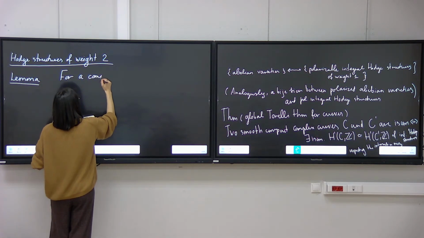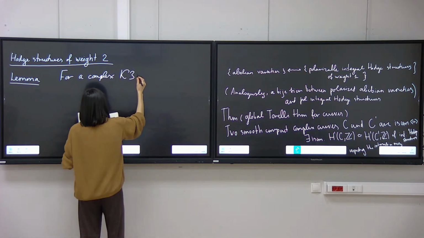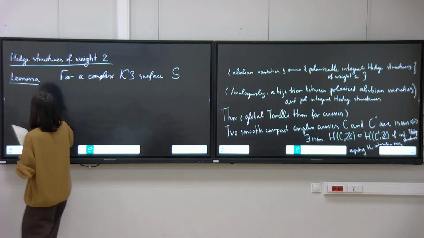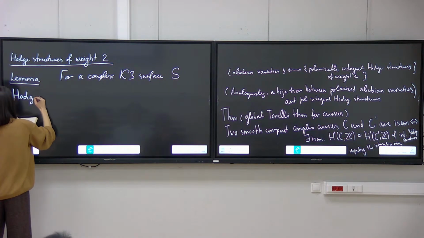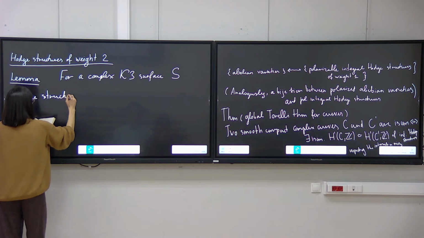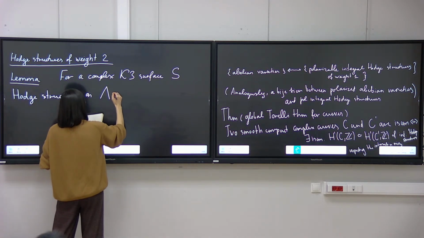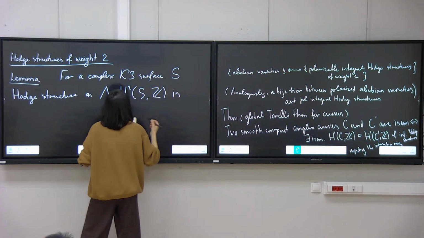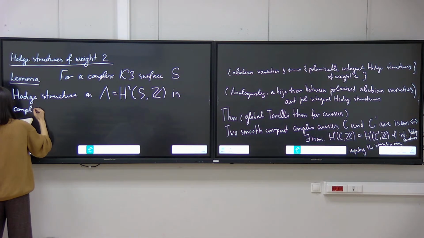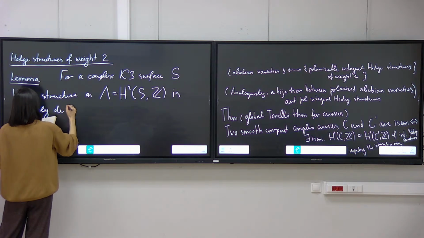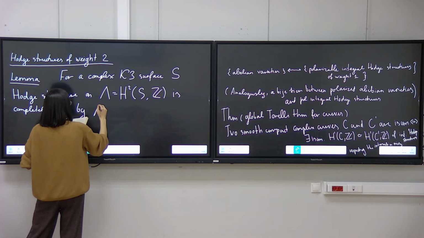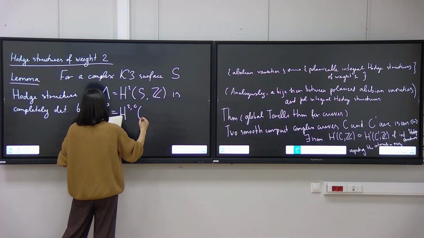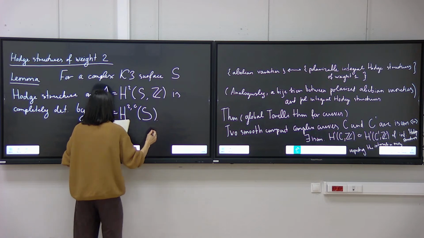For a complex K3 surface, the Hodge structure on its second cohomology is completely determined by the (2,0) subspace.